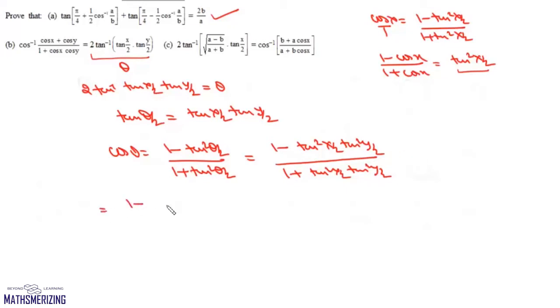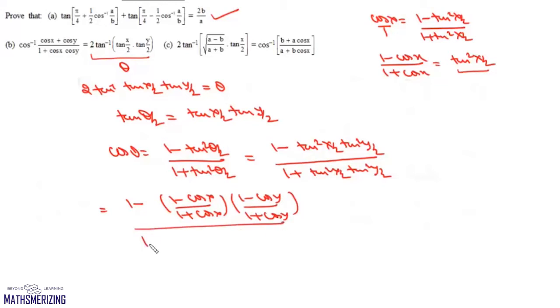So it will be 1 minus (1 minus cos x upon 1 plus cos x) into (1 minus cos y upon 1 plus cos y) divided by 1 plus (1 minus cos x upon 1 plus cos x) into (1 minus cos y upon 1 plus cos y).